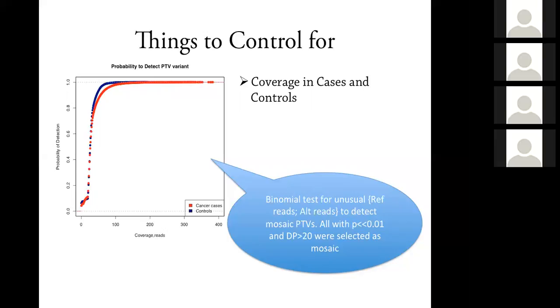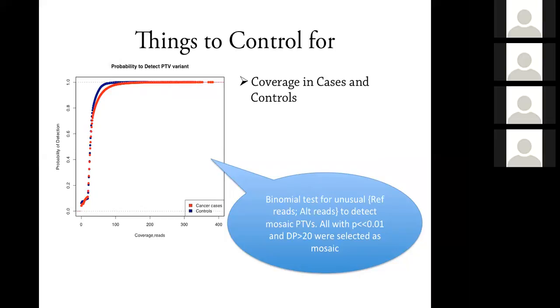Moreover, since coverage becomes very important to discover such mosaic events between cases and controls, and what we want to do is to compare the burden of such mutations in cases and controls, it's very important to confirm the uniform distribution of the coverage. And it actually appears that they're very similar. What you see on the plot is the probability to observe a protein truncating variant depending on the coverage in both cancer cases and controls.